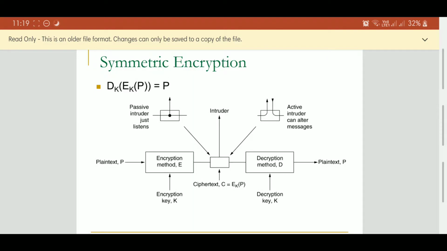D of K, E of K of P is equal to P. Here we have a passive intruder who just listens, and an active intruder who can alter the messages.